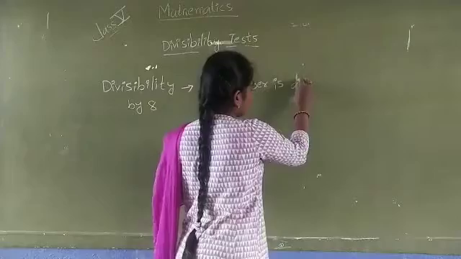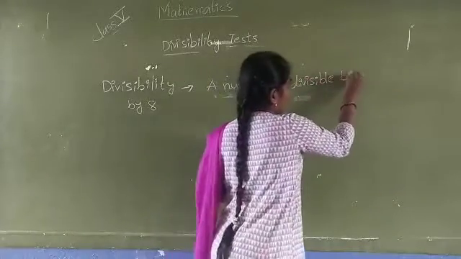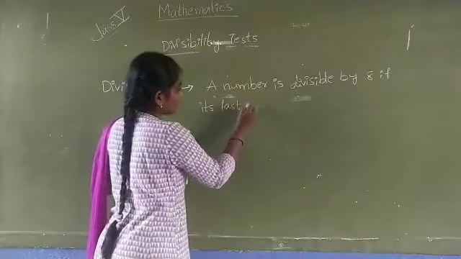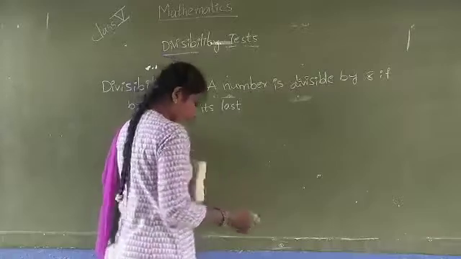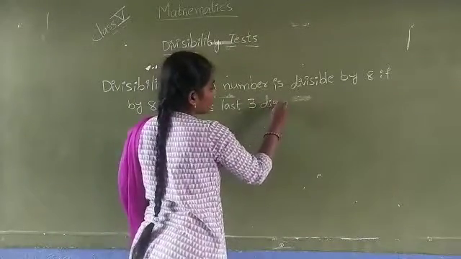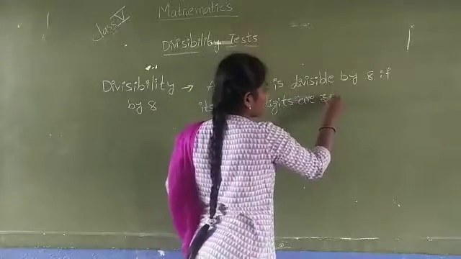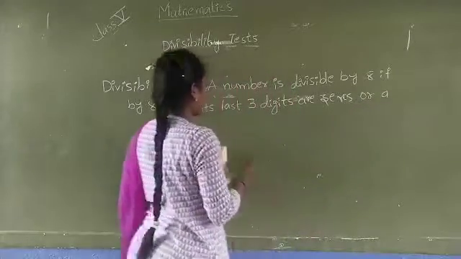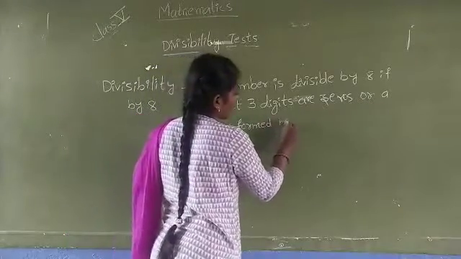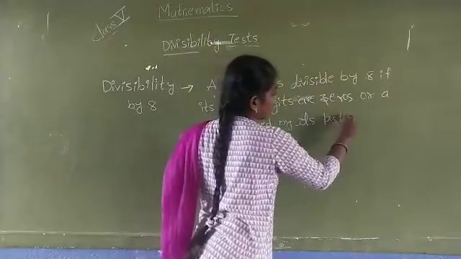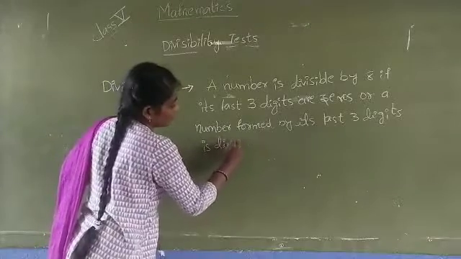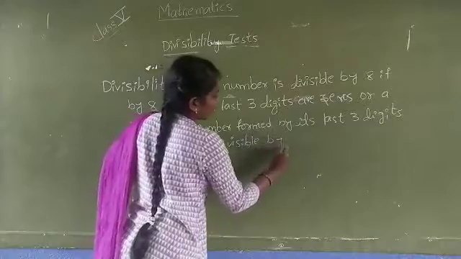A number is divisible by 8 if its last 3 digits are zeros, or a number formed by its last 3 digits is divisible by 8.